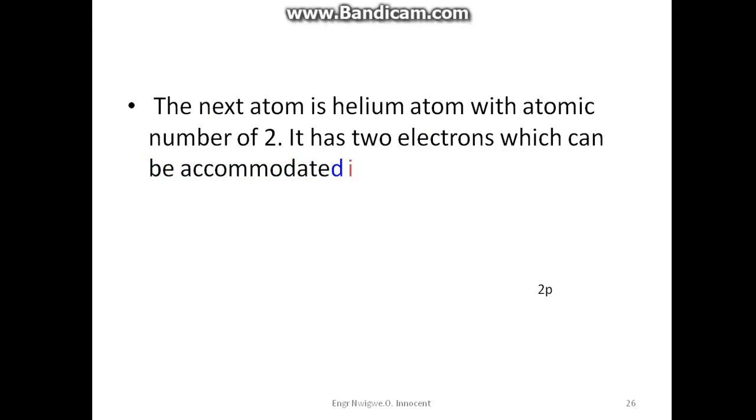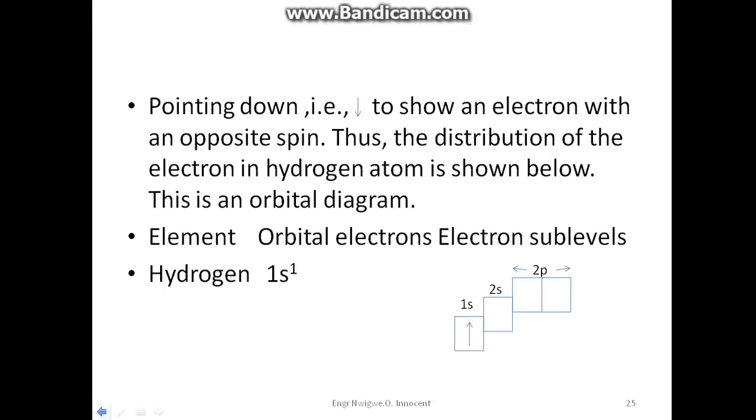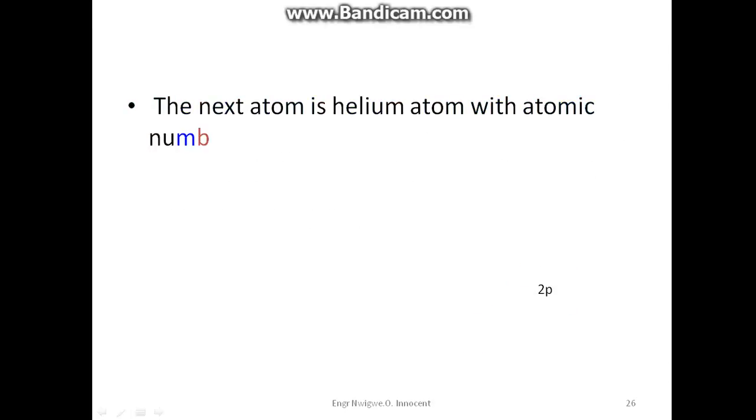Thus, the distribution of electrons in the hydrogen atom is shown in this orbital diagram, for the element hydrogen, orbital electron 1s, electronic sublevel. The arrow pointing upward is filled first.